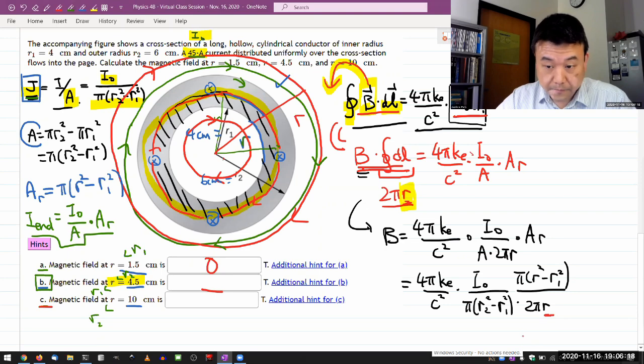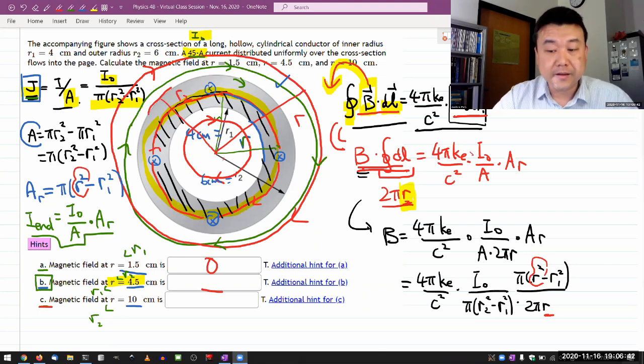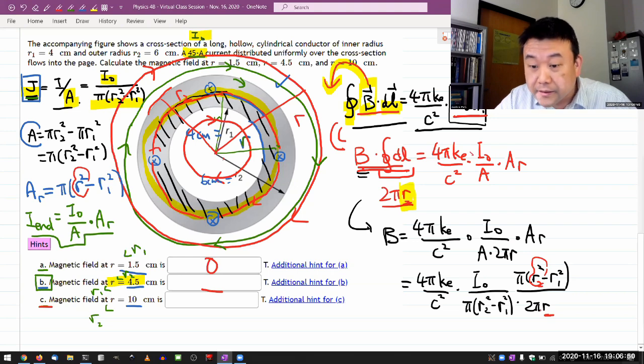But this R here, that's the R from here, and that's associated with the outer edge of the current distribution. And that stops at R2. So since that stops at R2, this R here actually becomes R2, not R. And once you have that, then I hope you see that these two actually cancel out.